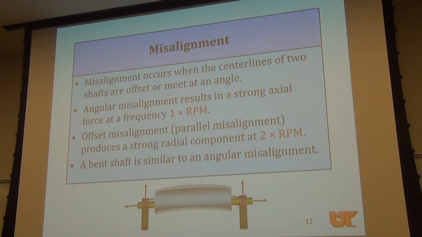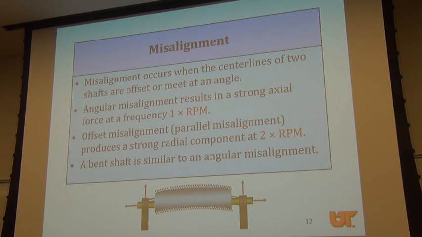Okay, let's see, very briefly I want to talk about some of the causes of vibration. So the first one is caused by so-called misalignment. This is the misalignment in the axis of two shafts. If the two shafts are coupled together by a coupling, it's possible the two shafts may be offset a little bit.